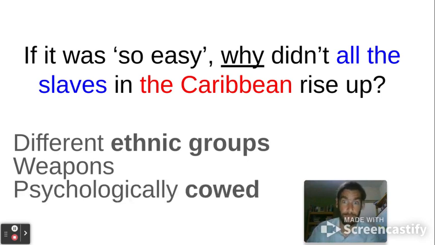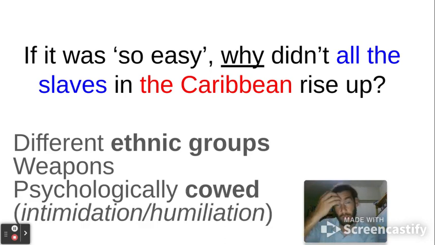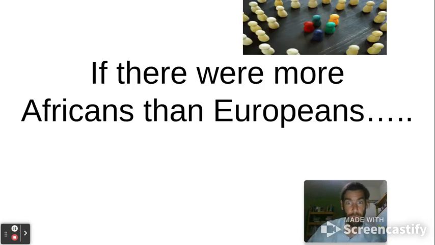And third, they were psychologically cowed, which actually means they were being intimidated, also humiliated, but the intimidation is more important. It's like they were being kept small, if you could say. Their identity was taken from them. They got another name. They could not practice their own religion. So they were psychologically cowed, a typical British word.